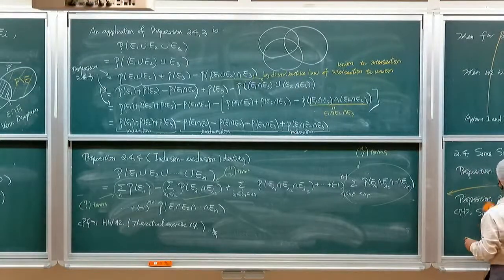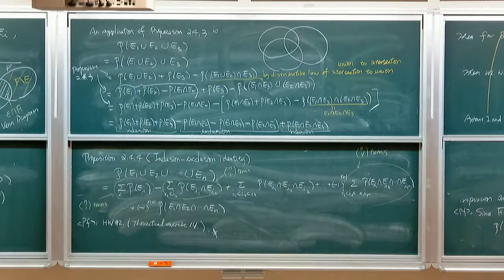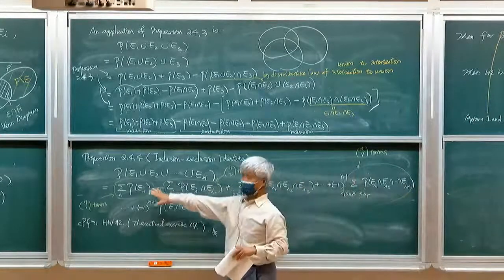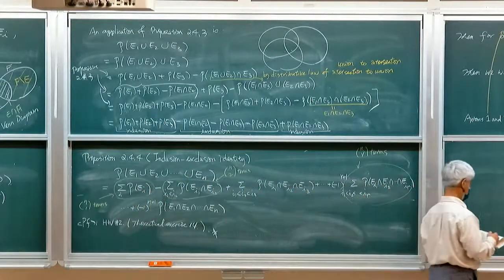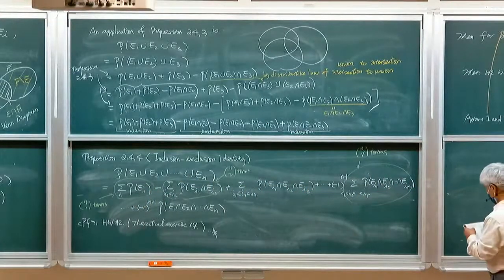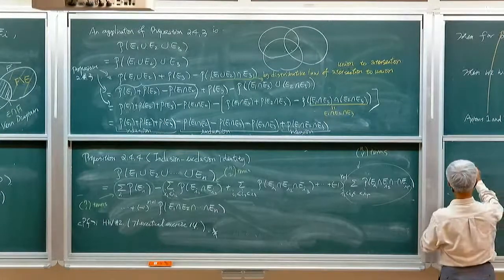Now we will derive some inequalities. So we have the identity, which is exact. But sometimes we can have inequalities.